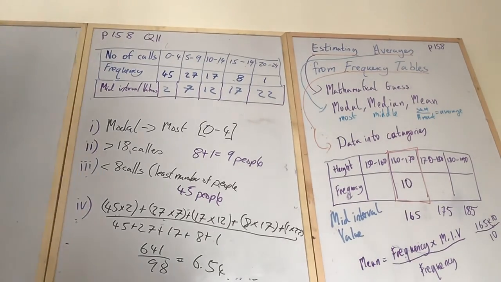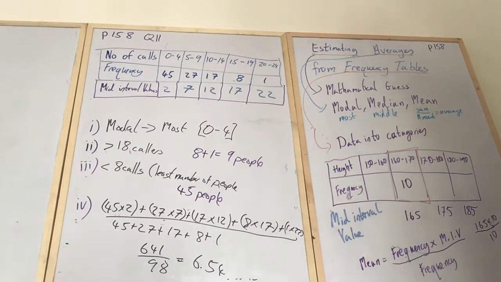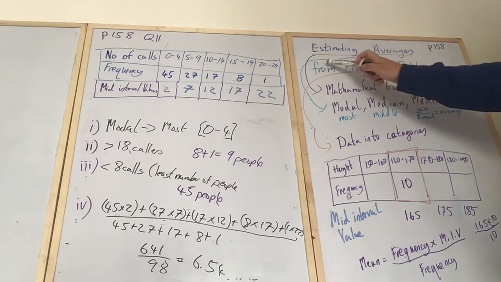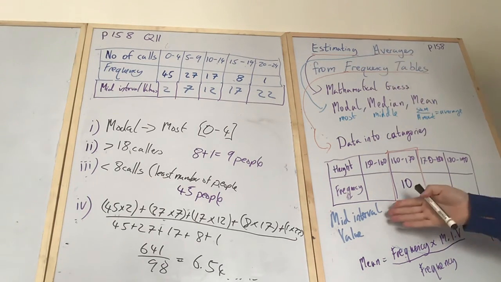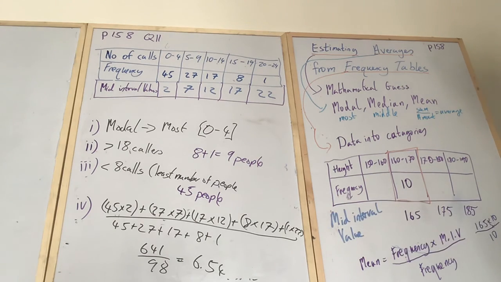As you can see in this question, and in past junior questions, when they ask you to estimate the mean from a frequency table, they usually have the phrase mid-interval value in the question. So you need to know the mid-interval value, know that it's used for the mean, and how to use it.